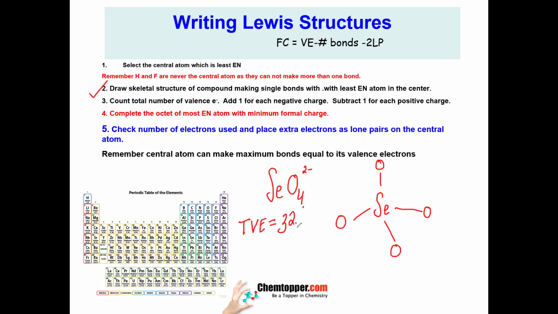Now complete the octet of the most electronegative element with minimum formal charge. So how many oxygens can have 0 formal charge here? So what should I do to make a 0 formal charge and to complete the octet of these oxygens? Make a double bond and lone pairs. Can you see 8?